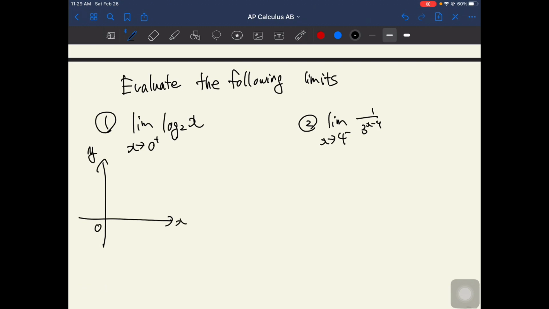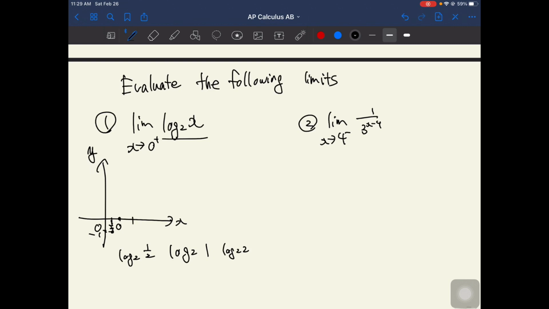When you sketch the graph, it's better to simply plug some numbers into the function. For example, log base 2 of 1 is 0, and log base 2 of 1/2 is negative 1. Like this.